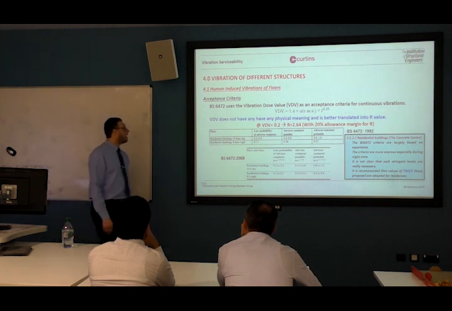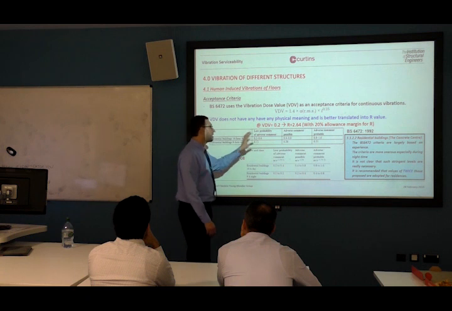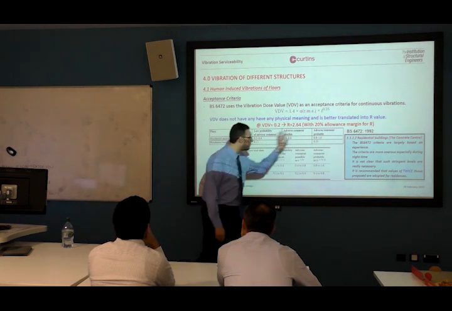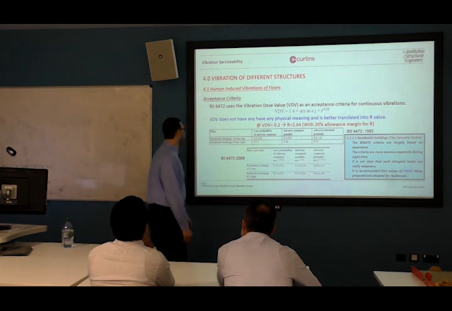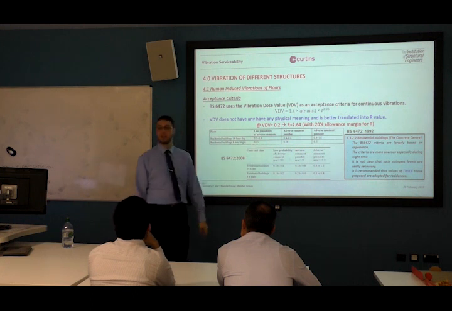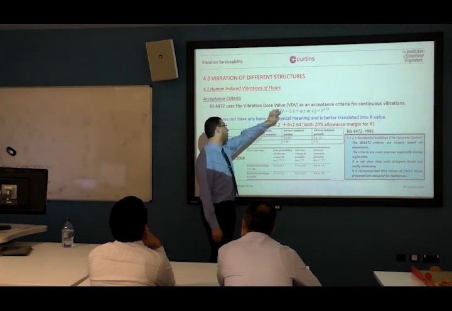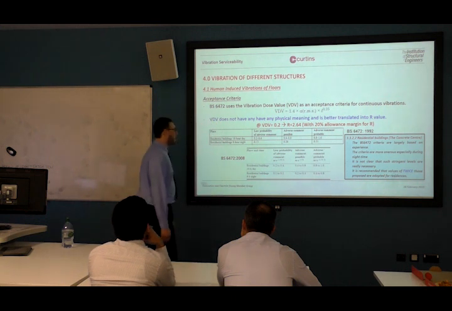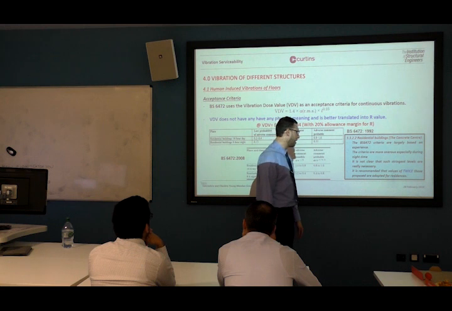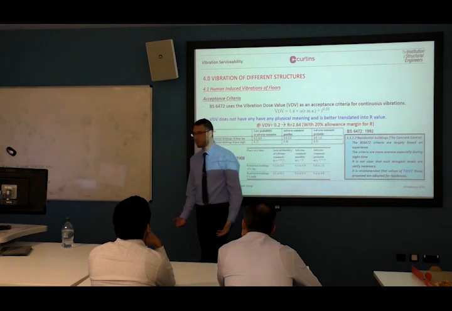Anyway, BS 6472 of 1992 said we're gonna have these values for vibration dose, and let's say during night we have to achieve 0.13 of this formula here. And then we have the Grey Book, which is from the Concrete Centre, and they said, why do we need all this?